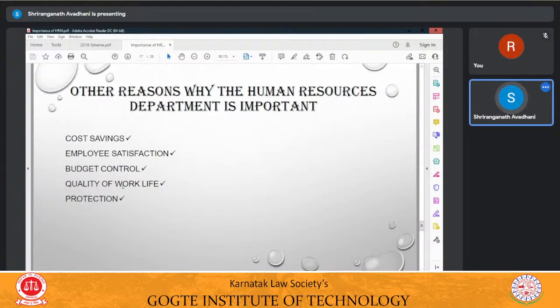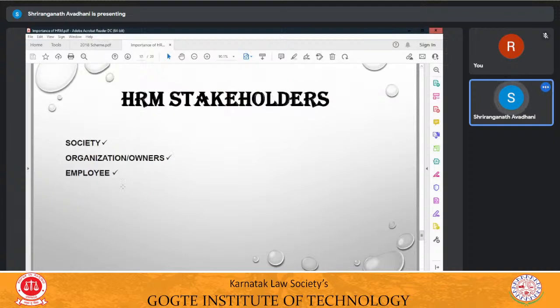All these factors are very important to improve the productivity of the organization, and in turn improve its profitability. So all stakeholders in the industries will be very happy if the human resource is managed and handled properly. So this is about human resource management, and the stakeholders are society, organization, and other employees.